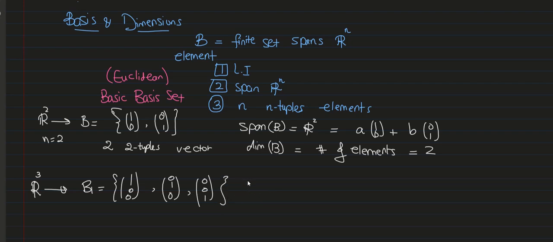And again, it's the basic set of R3. So if we studied the span of these three vectors, they will generate the whole R3. And the dimension of B1 at that time is what? 3.